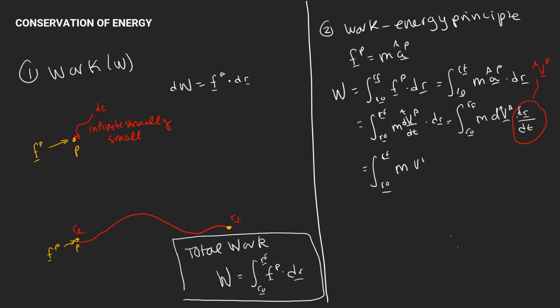So I'm just going to rearrange it. So now we have m times our velocity, and then we have dv. And so if you now solve this integral here, what that gives you is 1/2 m, and then you have the velocity at our position RF minus the velocity at RO, squared.